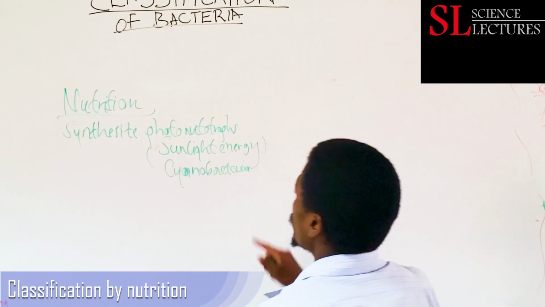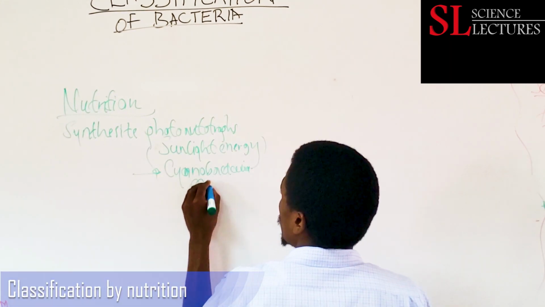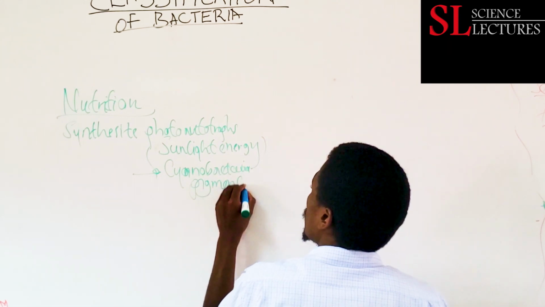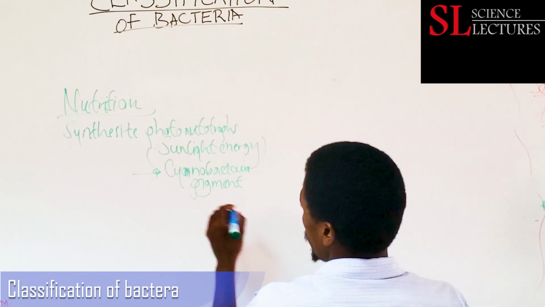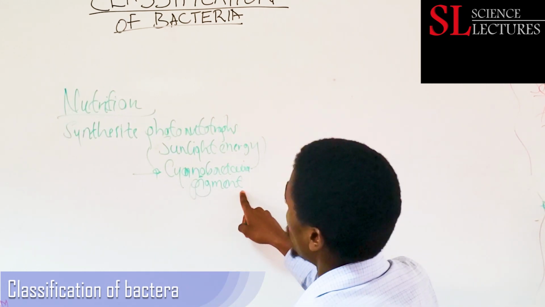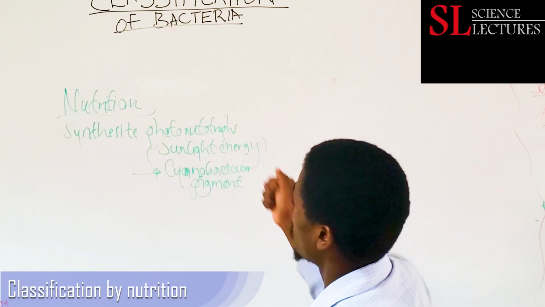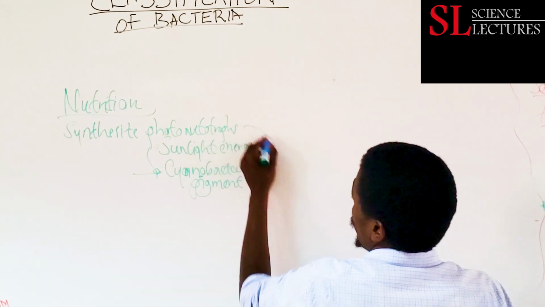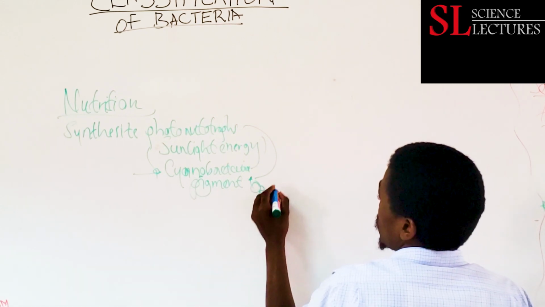This cyanobacteria will utilize sunlight energy because it has pigments. It has chlorophyll A and another pigment called phycobilin, and it will use these pigments to trap sunlight energy to synthesize food. So that makes it a photoautotroph. This bacteria is a photoautotroph, and in the end it will give us oxygen gas.